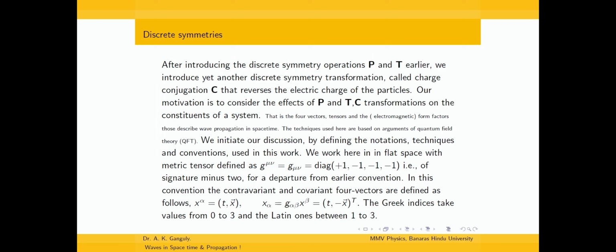So, so far the number of transformations that we have talked about turned out to be 4, and they are basically geometric in nature, but there also exists another discrete transformation that is called charge conjugation transformation.